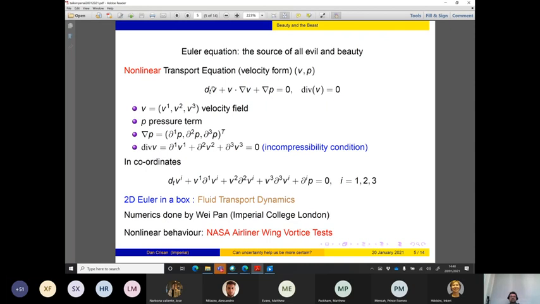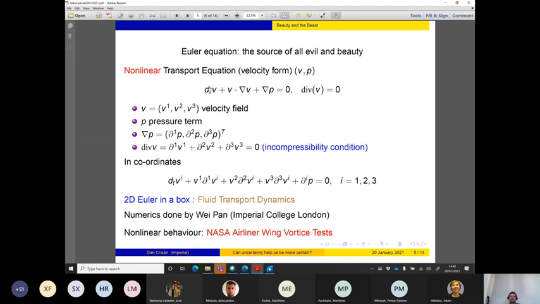However, the primitive equations and any other fluid transport equation out there is more or less a variation of this equation. It is an extension, a perturbation of this equation.